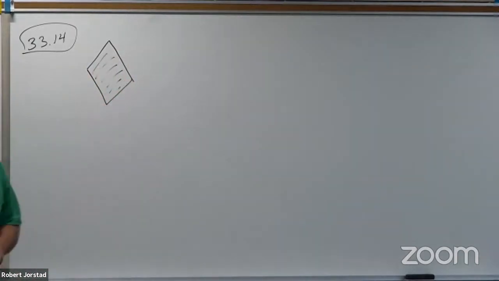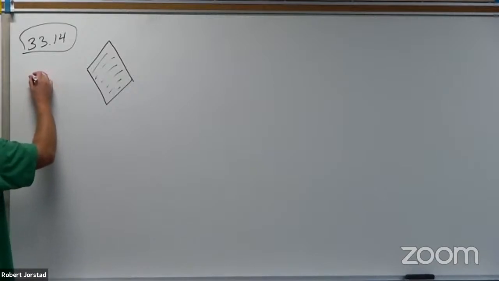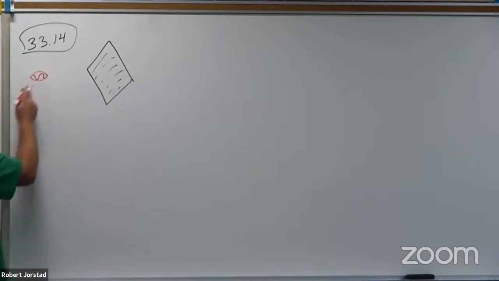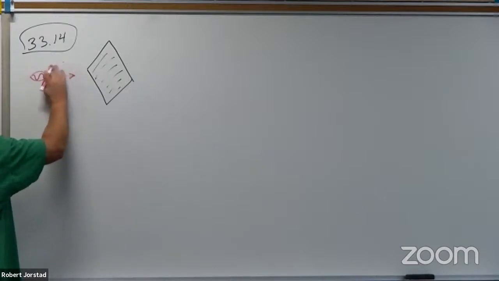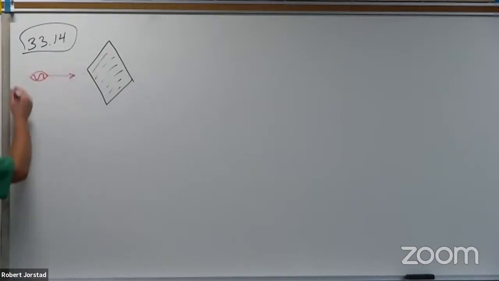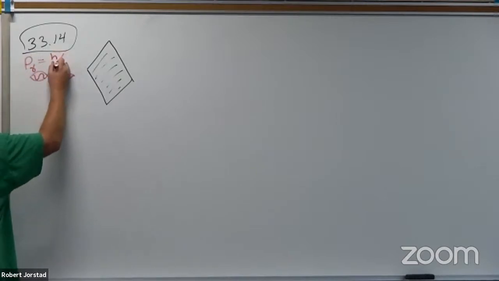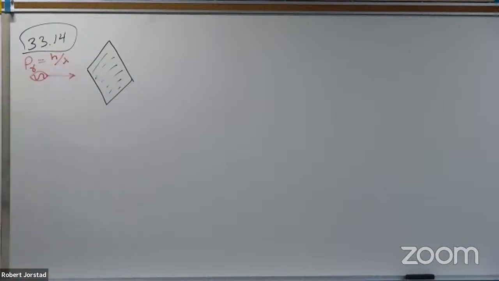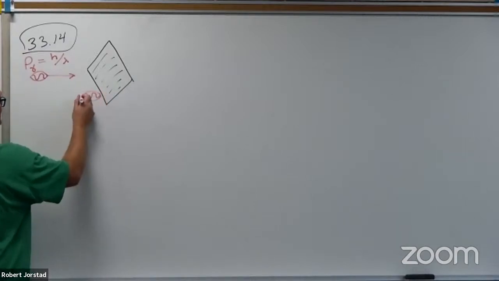Now, the idea here, you could imagine a photon. I'm going to draw a photon as a little bullet shape with a wave inside of it. It's coming in this way, and we know the momentum of this photon is h over its wavelength. When it hits that, it's going to reflect.